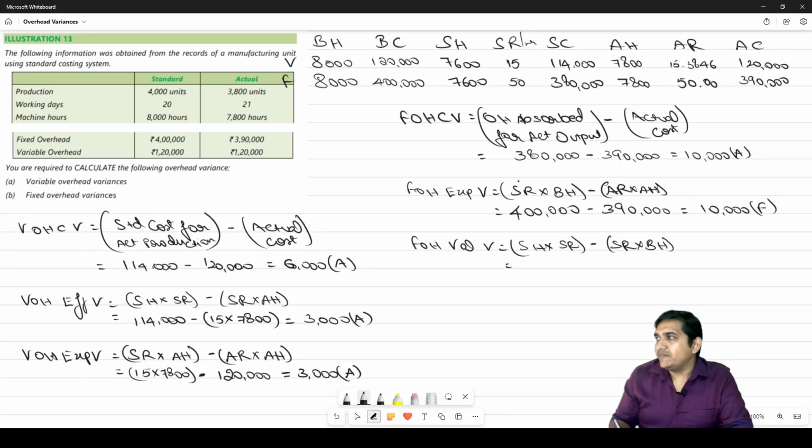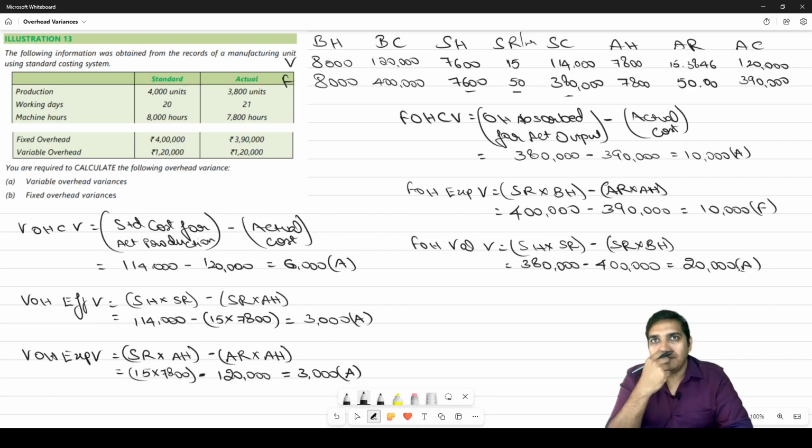So the first step is 3,80,000. If you want to check, 7,600 into 50 gives 3,80,000. Minus standard rate into budgeted hours, which is my budgeted cost of 4 lakhs. How much do I get? 20,000 adverse.